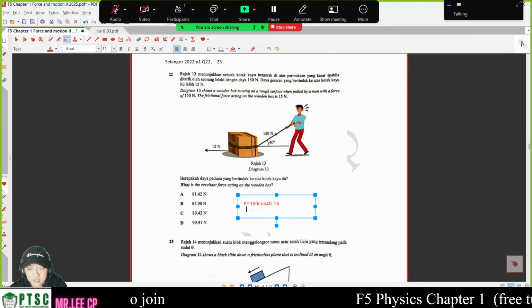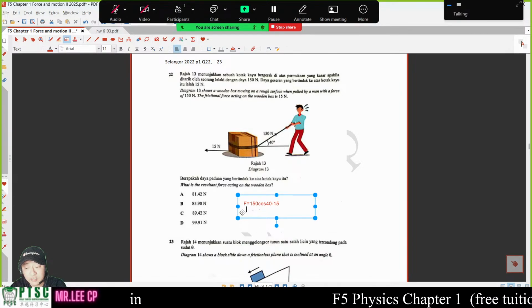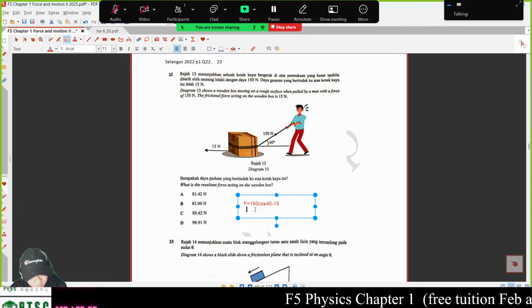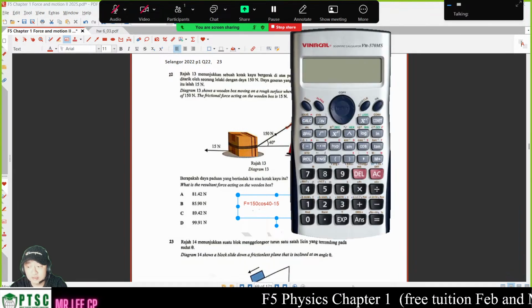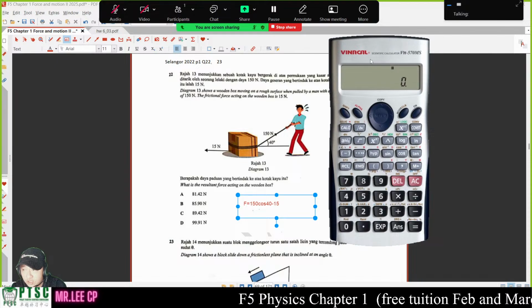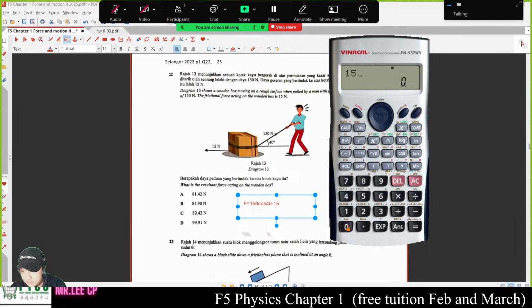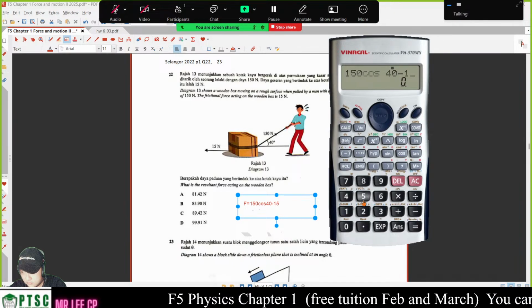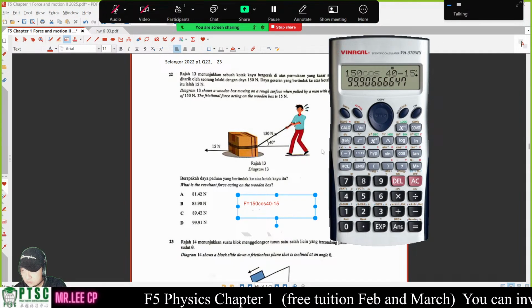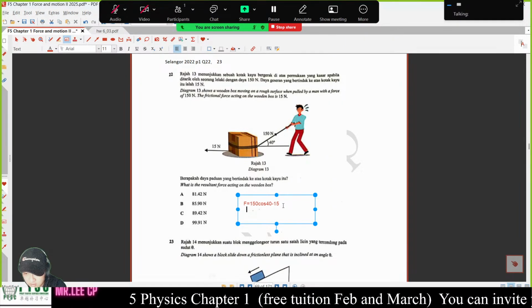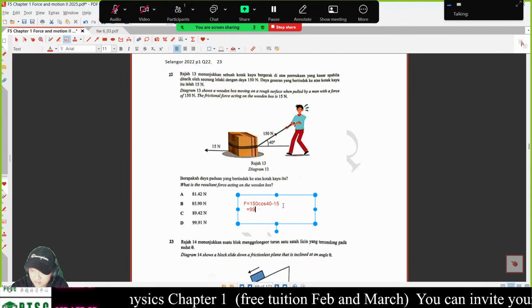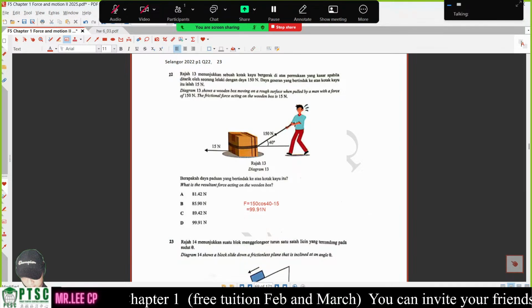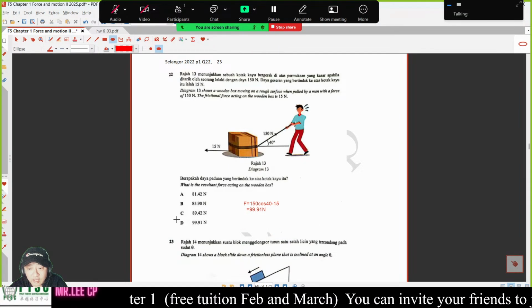If they want acceleration, you need to put ma equals this. So how much is 150 cos 40 minus 15? 99.91. The unit is Newton. The answer is D.